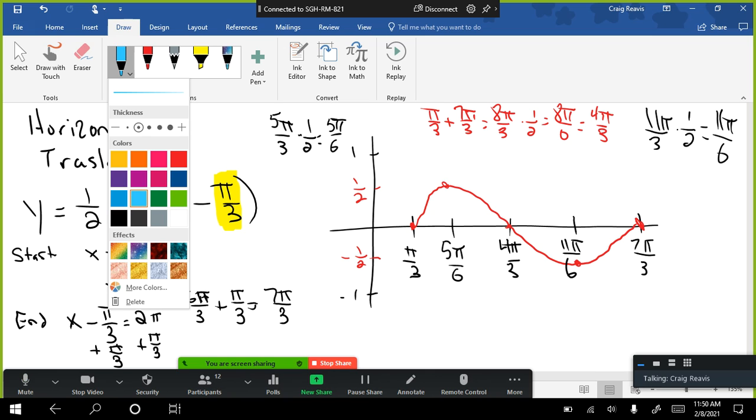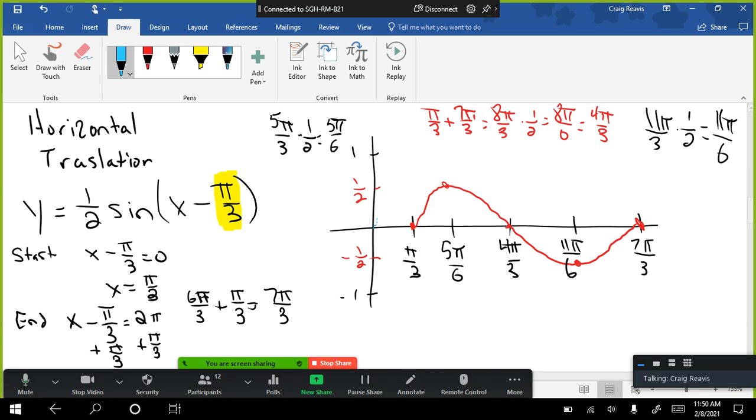So this graph, if we looked at our standard sine curve, if I didn't shift it, it would have started here, and it would have been something like this right here.